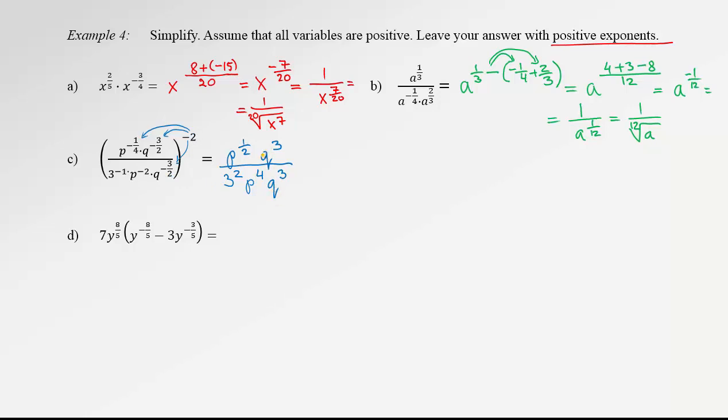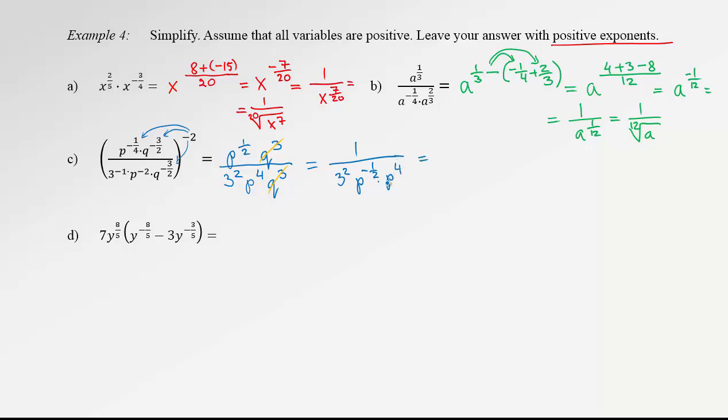Now, as you can see, we can reduce these two cubes of q, right? Because they are the same. And finally, we just need to combine the p's. Since we have p to the 1/2 in the numerator, if we move this p to the 1/2 to the denominator, leaving numerator as 1, we have 3 squared, and then p to the -1/2, and then p to the 4.